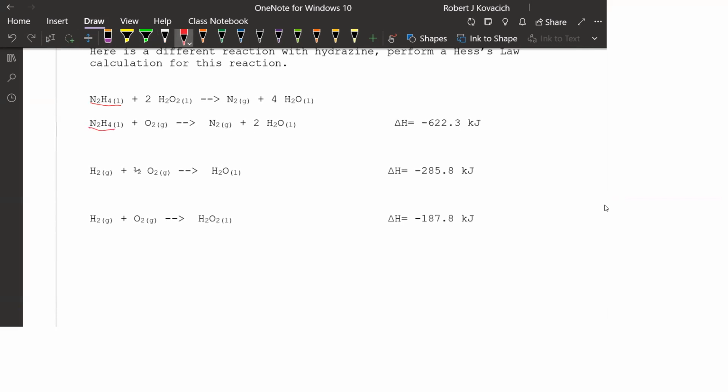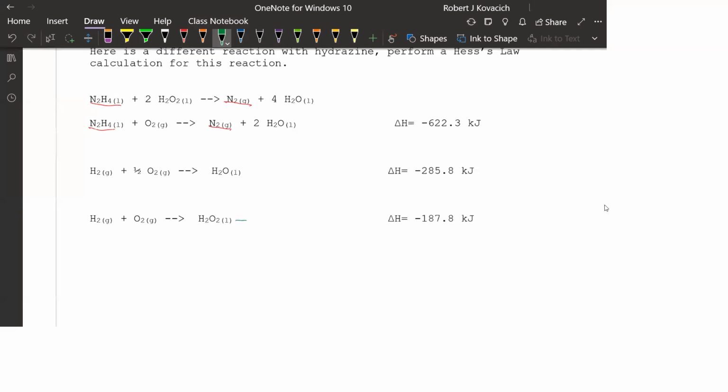Those guys are good. Then the N2 is good. That's good because they're in the same equation. The water, too much of that, but it's on the correct side. So I'm guessing we're going to have to flip something.